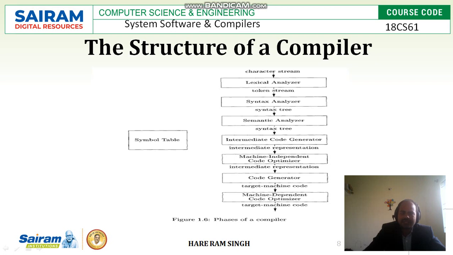Then it has the machine independent code optimizer, then the code generator, and then the machine dependent code optimizer, and finally it generates the target machine code.